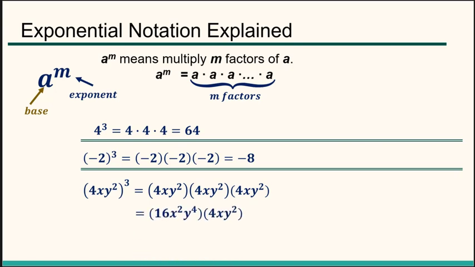I'll do 4 times 4 is 16, x times x is x squared, and y squared times y squared is y to the fourth. Now we need to multiply that times my 4xy squared, I have one of those left. So 16 times 4 is 64. I have 3 of those x's there and 6 of the y's, so that would be 64 x cubed y to the 6.